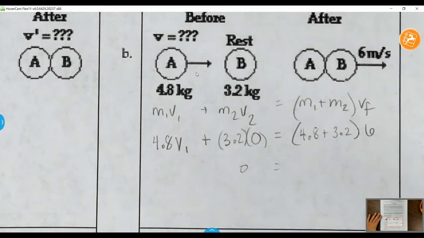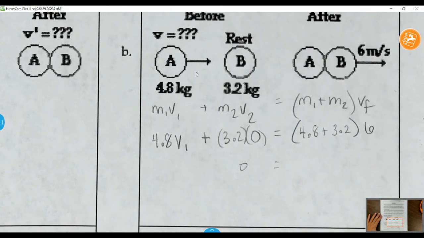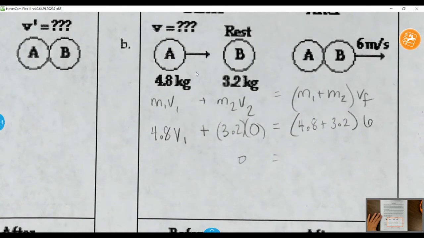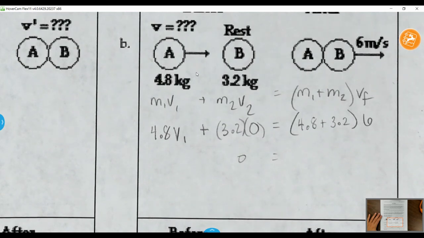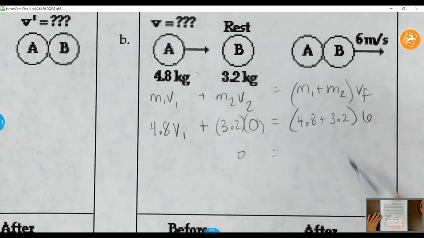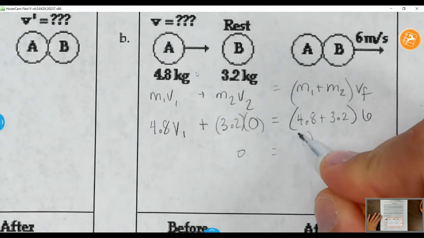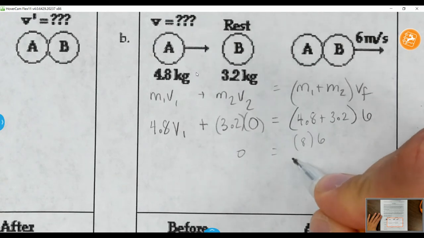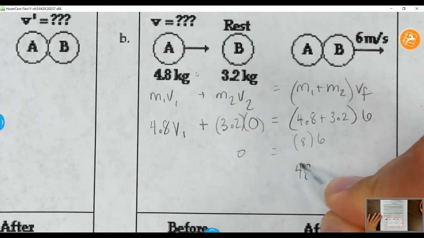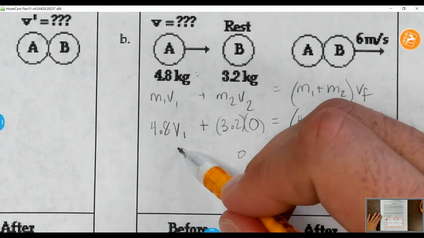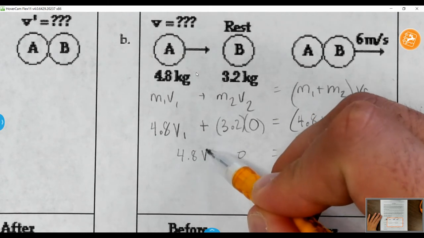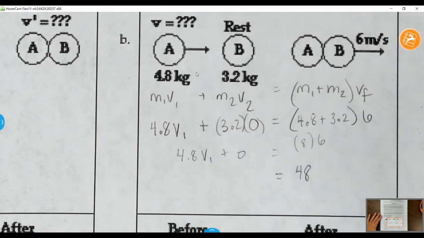When you work this out, 4.8 plus 3.2, we get 8. 8 times 6 is 48. So you're going to have 48 on this side. This is 0, and you still have 4.8 times V1 over here.